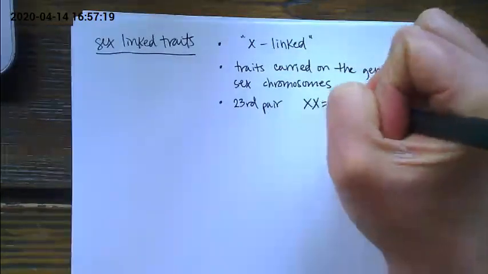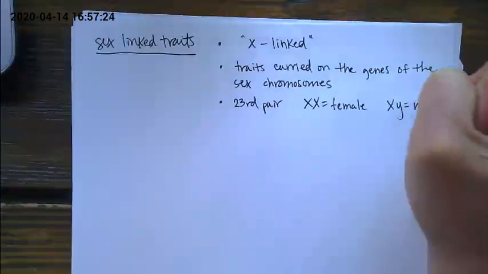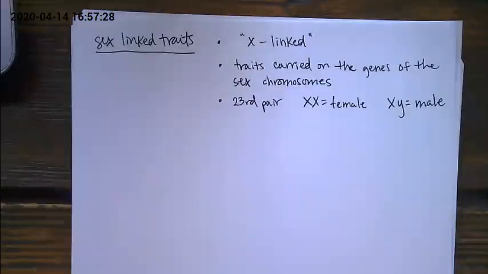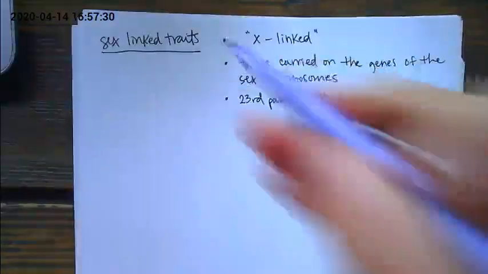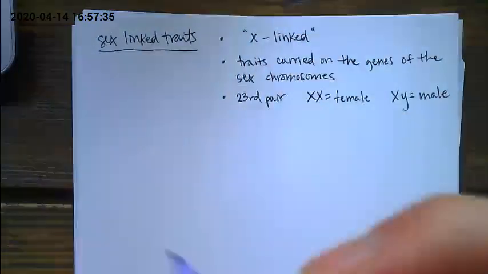XX gives you female, XY gives you male. Let's take a look at those two chromosomes and why this type of inheritance is referred to as X-linked.